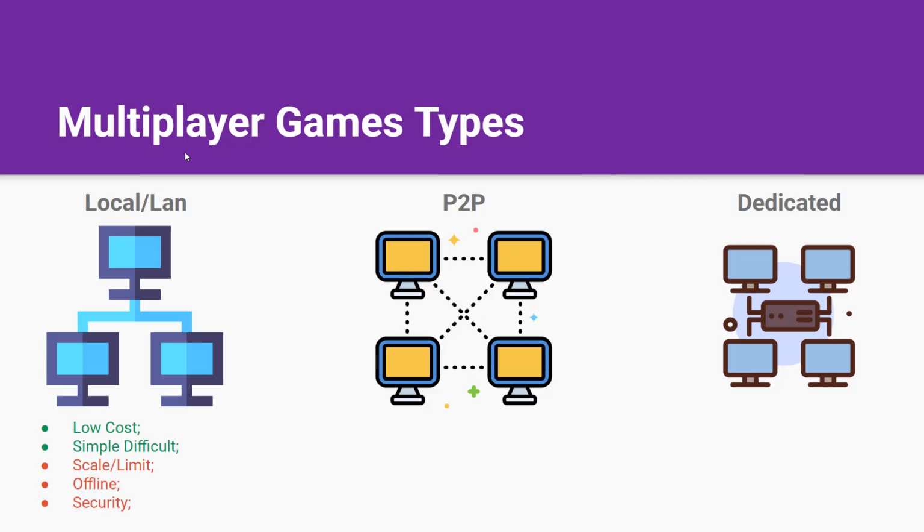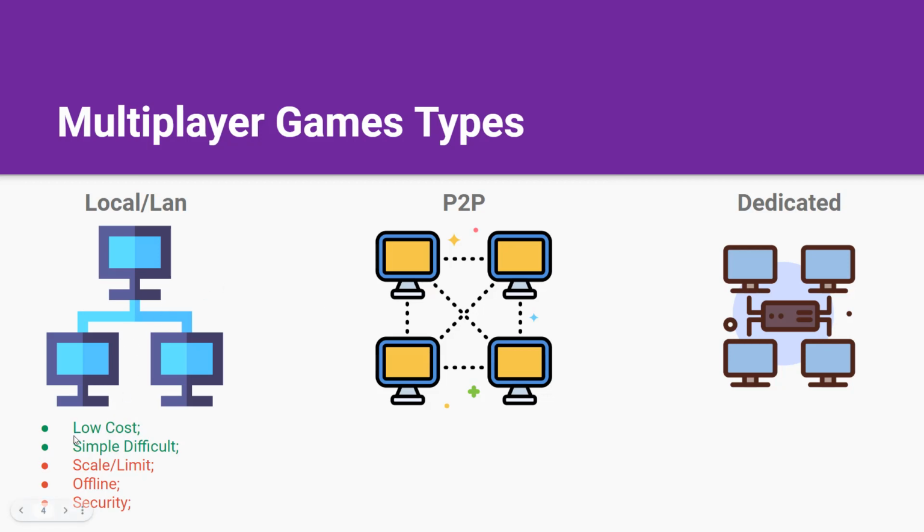In the local connection type, we have the players in the same physical space, connected to the same network or on the same console, to play together. In this case, you have a low cost because you do not have a server.